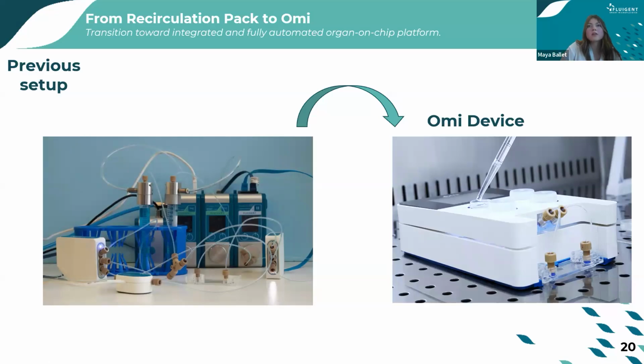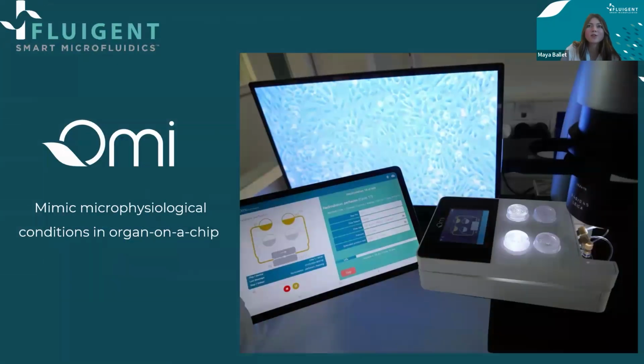And on the other side, the OMI is all integrated. It's very compact. You can put it easily in the incubator or, like in this picture, under the microscope to see. So it's really easy to transport.